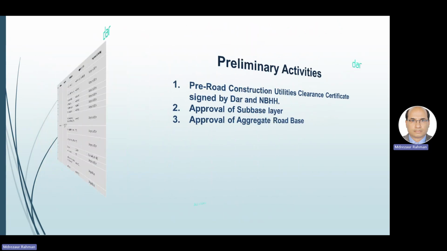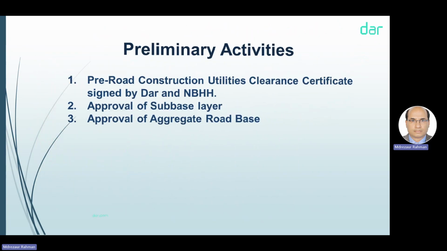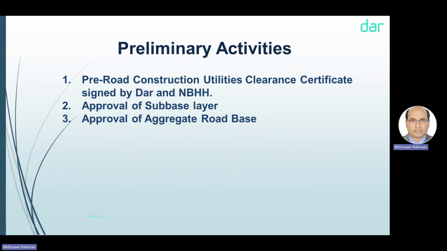Now the trial mix is done and satisfactory. So what is the next step before starting the road? First is the P-road construction utility clearance certificate. Everybody knows about the clearance certificate, right? I'll show the format.